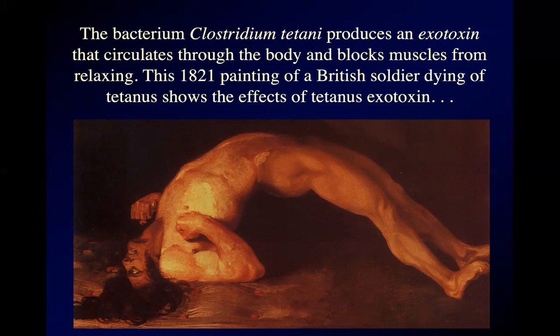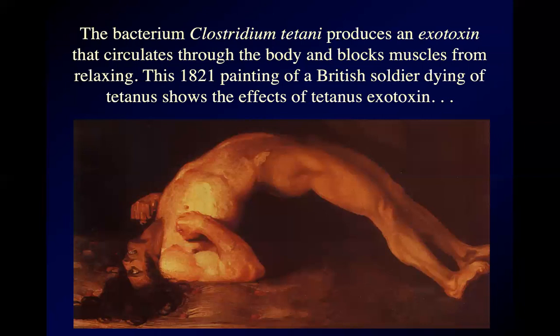And the effect is that muscles can't relax. This is why tetanus also used to be called lockjaw, because the first muscles to be affected are the muscles that move your jaw. You can't open your mouth because your jaw muscles lock up. And in this case, every muscle in this man's body has locked up.